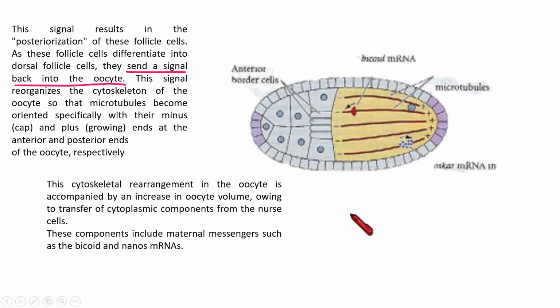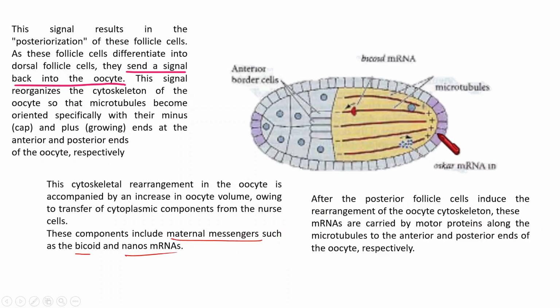Okay, and what are the contents of the cytoplasm coming from the nurse cells to the oocyte? It includes some maternal messengers like bicoid and nanos mRNA. So, the components coming from the nurse cells to the oocyte through the microtubules mainly include two mRNAs. Which are those mRNAs? Bicoid and nanos mRNA.